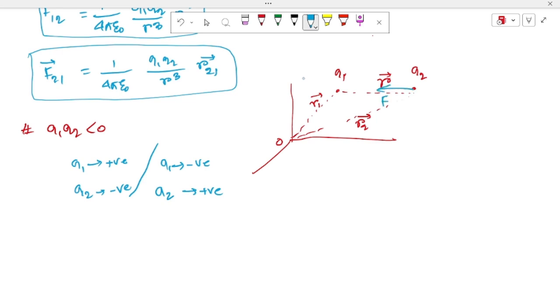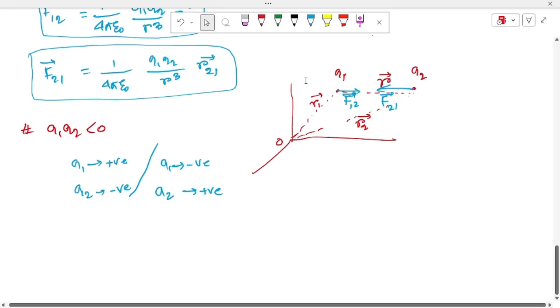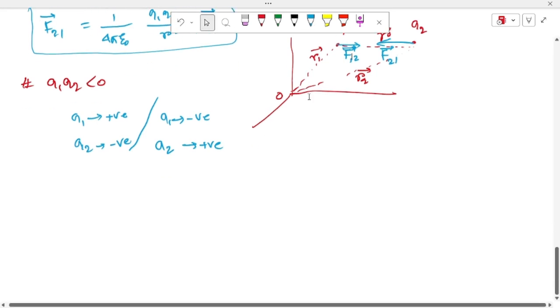So this way the direction of force will be in this direction. This is the force due to 1 in 2, and the direction of force will be in this direction. Force due to 2 in 1, right? So this is the direction of force between these two charges.